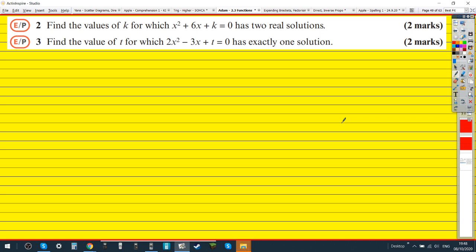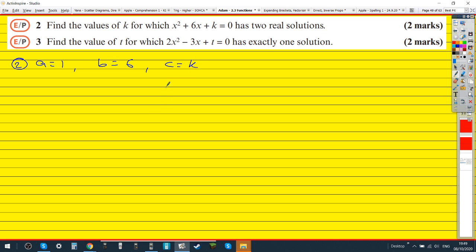Let me just see. So how would you start question 2? First figure out what A, B, and C are. So A is 1, B is 6, C is k. What would you do next?